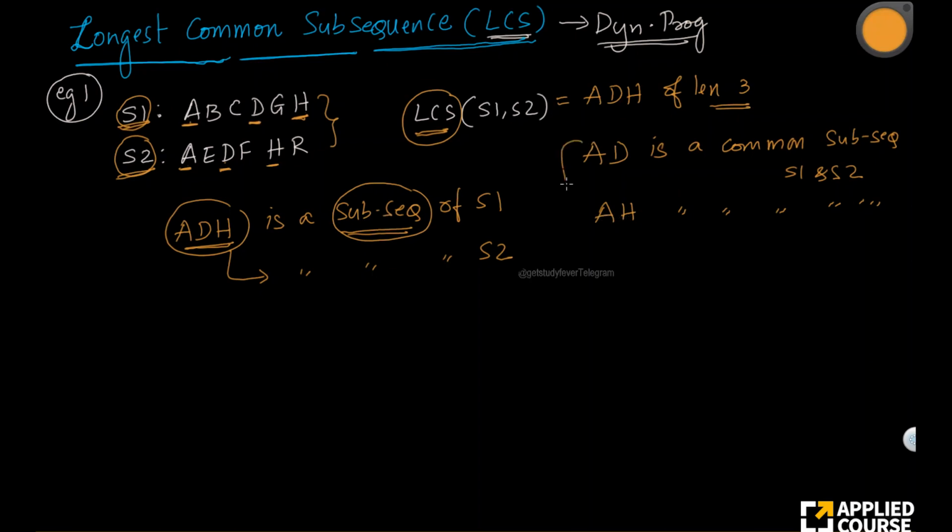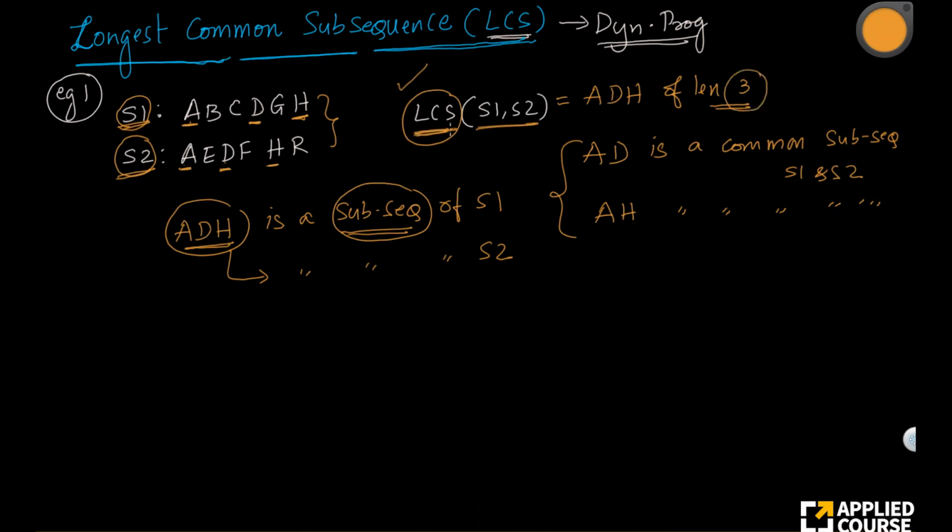Now there are many common subsequences, like AD is a subsequence of S1 and also of S2. Similarly, AH is a subsequence of S1 and of S2. But the longest common subsequence of S1 and S2 is ADH, which is of length 3.